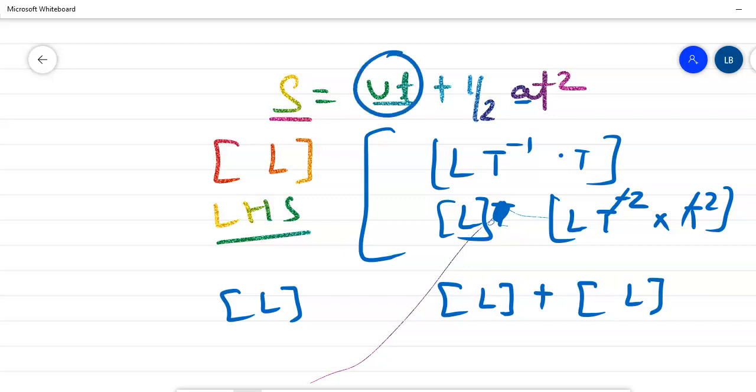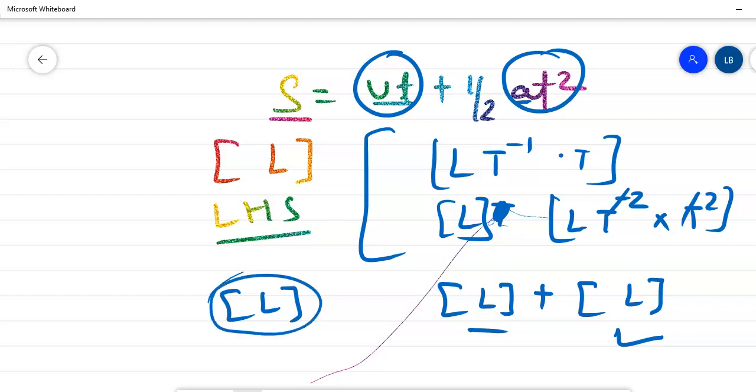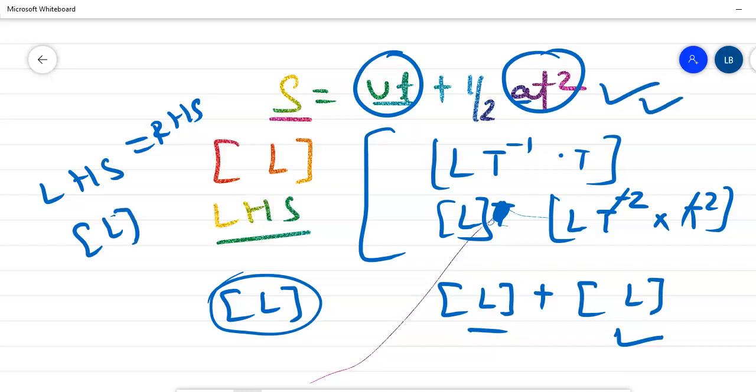This term's dimension is L, and this term's dimension is L. So I can conclude that LHS and RHS have the same dimension L. So this equation holds good, or is correct. You have to write like this. They will ask whether this equation is correct or not, verify using dimension, and you have to solve like this. This is your second application.